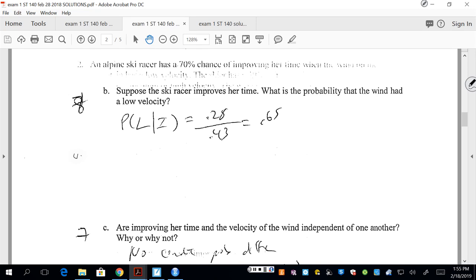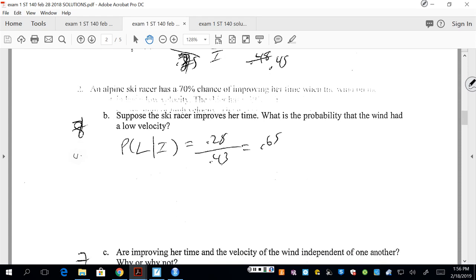Do you want us to convert that into a percentage? You could leave it just as a decimal. So you could either write this or 65%, either one. They're equivalent in terms of their value. So if I phrase the question in terms of probability or percent, you can keep it as a decimal or change it to a percent. Either one will work out.